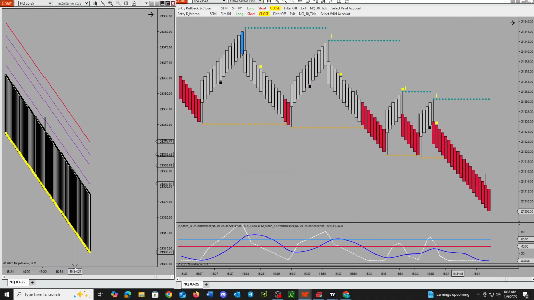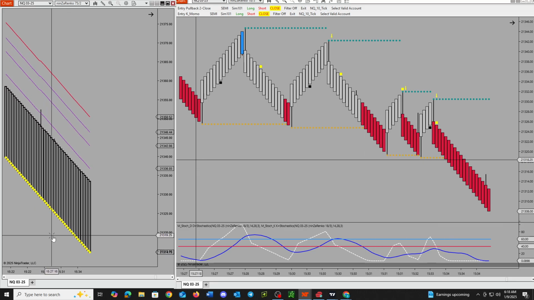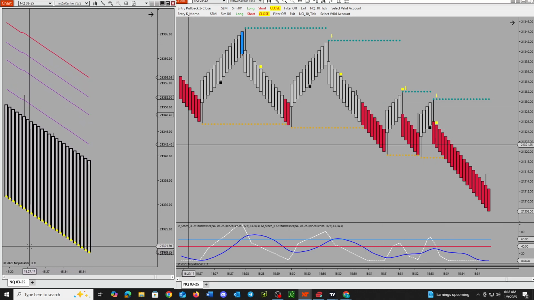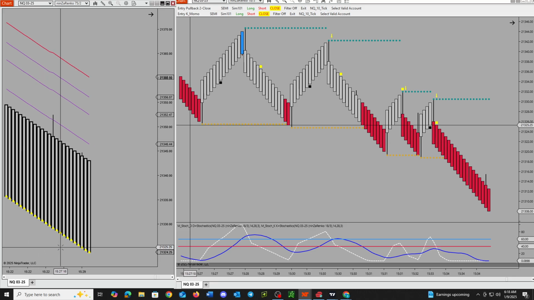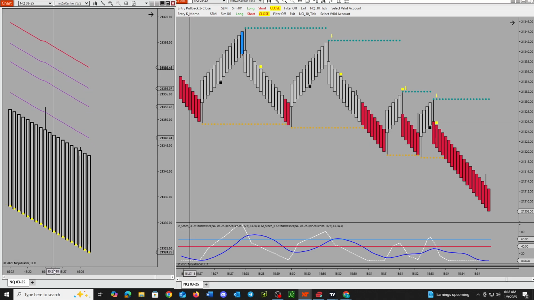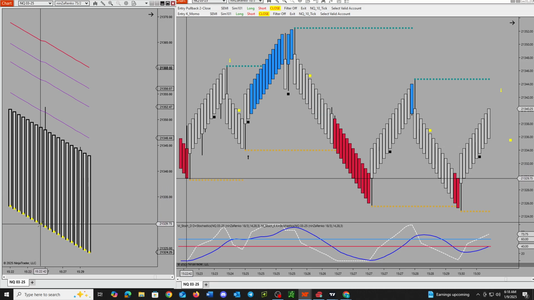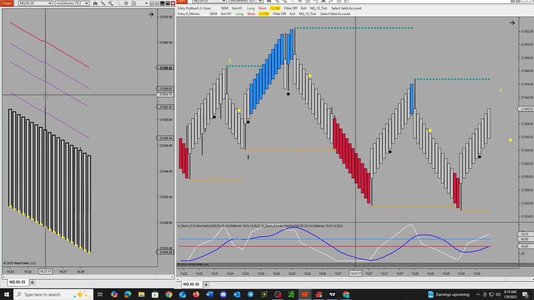I'm going to try expanding this a little bit so maybe you can see a little better what I'm talking about. All right, comes down, comes down, comes down. We get to this bar, and we get this big pullback. This is the typical 20 to 40 handle pullback inside of a trend.